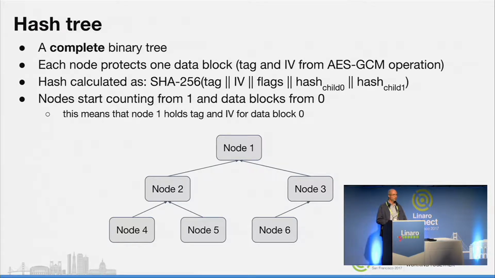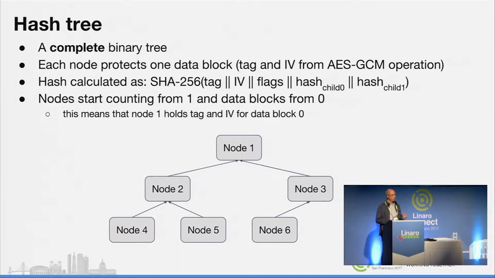So we have no holes in the sequence of nodes. And each node is used to protect the different blocks that the secure object itself is built up from. I will come to that in later slides.